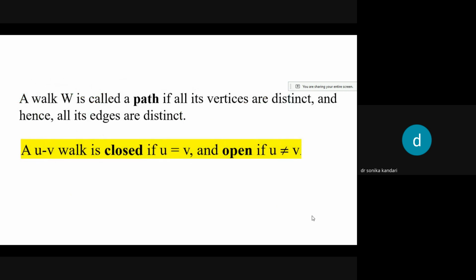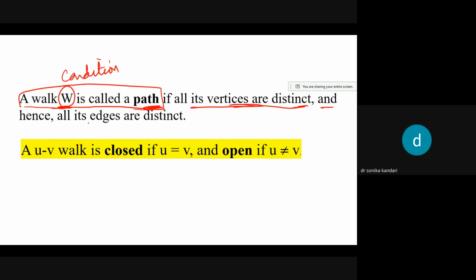A walk is called a path when, under which condition? A walk W is called a path if all its vertices are distinct and edges are distinct.